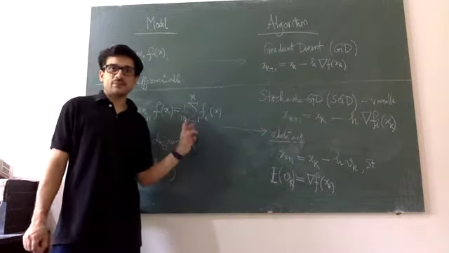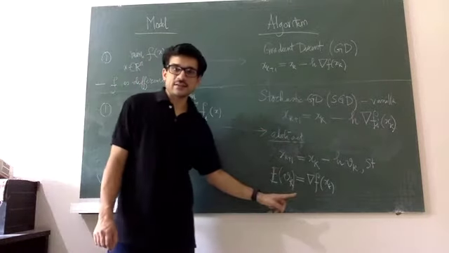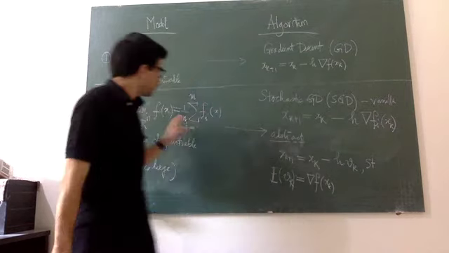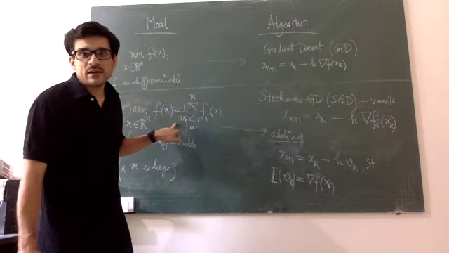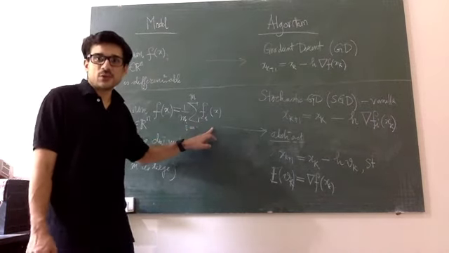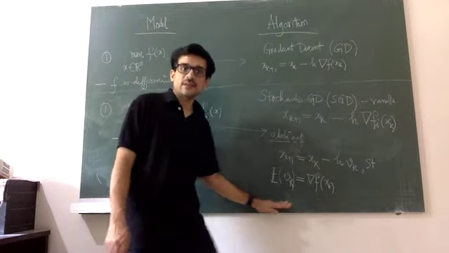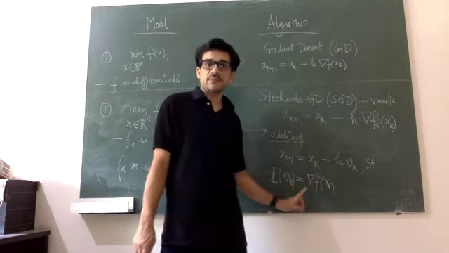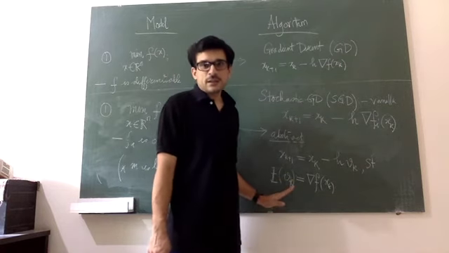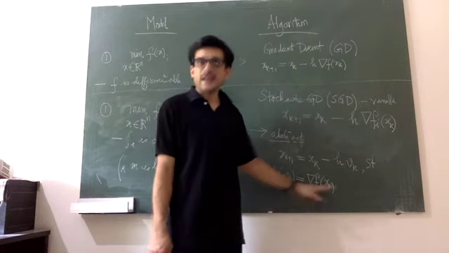When you sum this up, this is the average. So if you take the expectation over i equal to 1 to m, you're taking one of them, so the probability is 1 by m, and for a given choice, the gradient is grad of fi. So the expected value of the random variable is precisely the gradient at that point.